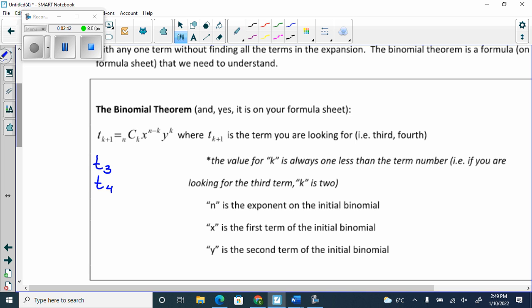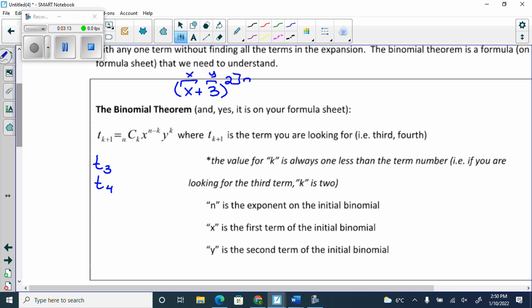Etc., etc. N is always your exponent on your binomial. So say my binomial is (x plus 3) squared. Let's pretend it's just that. I'm just trying to get you to know what the heck the variables are. The binomial theorem only works if there's a plus sign in between them. So this would always be my x, this would always be my y, and this will always be my n.